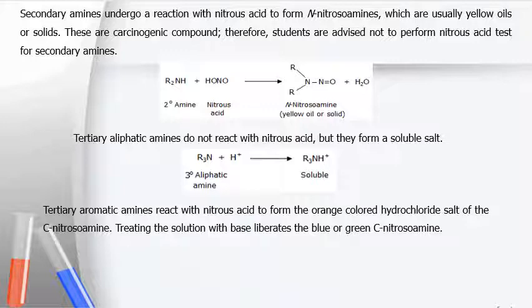With tertiary aliphatic amines, this reaction is not suitable. It would not react, but it will form a soluble salt as represented by this equation. On the other hand, tertiary aromatic amines react with nitrous acid. Let's pay attention to this point: with tertiary aliphatic amines, the reaction would not occur.